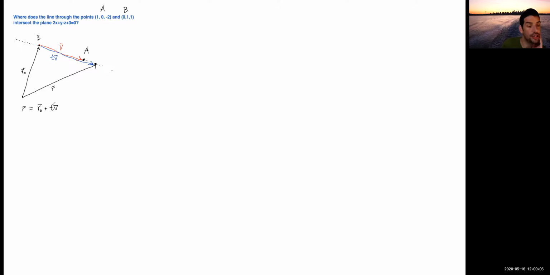Okay, so we just need to figure out what R0 and what V are. R0 is easy enough. We can choose either of our points. It's pointing at one of them. I happen to choose B. So R0 is just going to be the vector 0, 1, 1, right? Pointing at the point B. V, the way I've drawn it, and I'll just stick with that, is going to be the vector from B to A. So that will look like the vector 1, -1, -3, right?